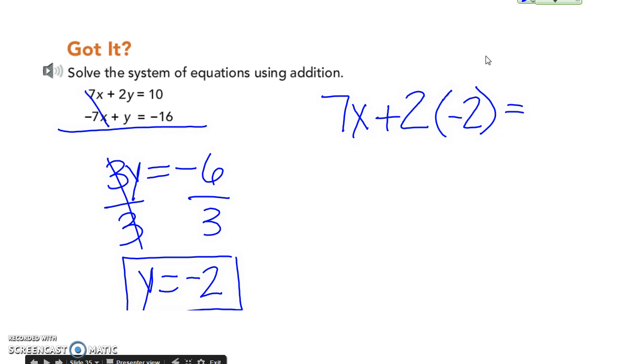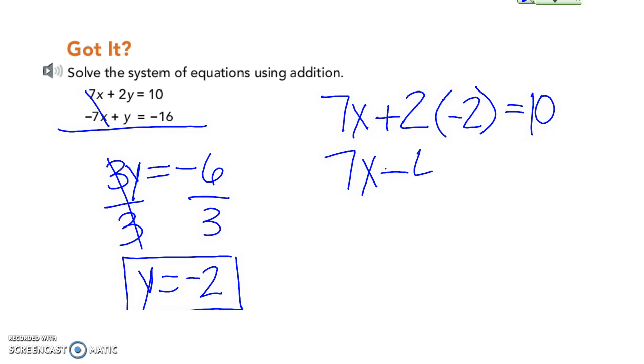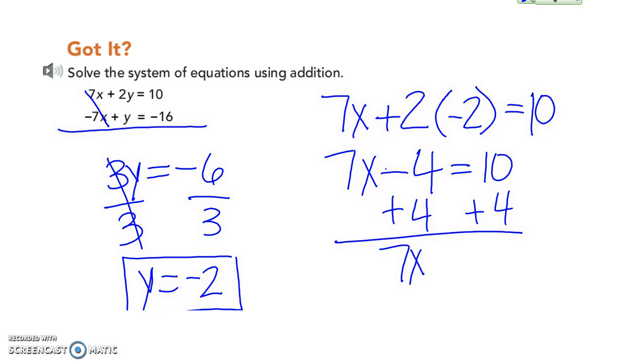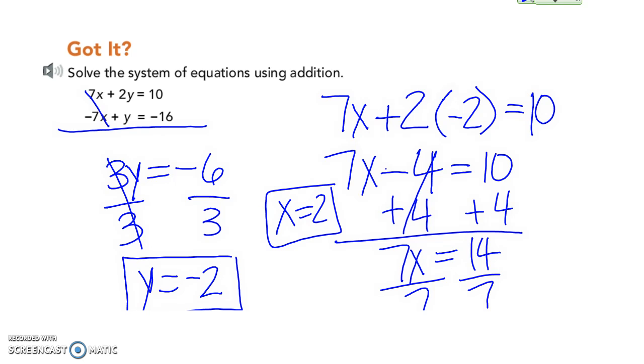Okay. 7x, and then 2 times negative 2, that would be negative 4. Negative 4 equals 10. So I'm going to add 4, I get 7x, cancel, equals 14. So divide by 7, x equals 2. So my ordered pair for the solution would be x is 2, y is negative 2.